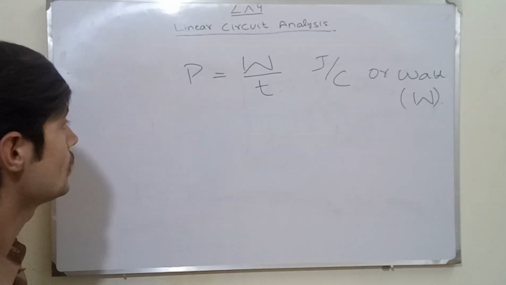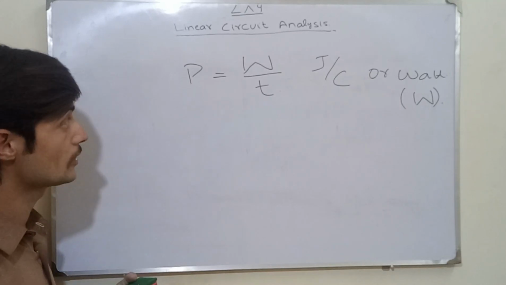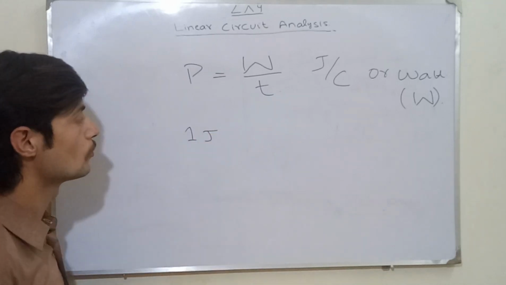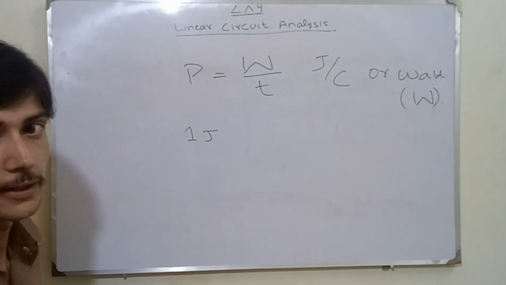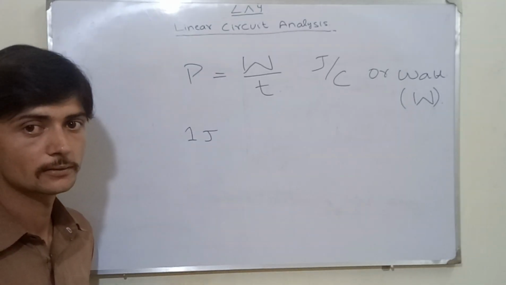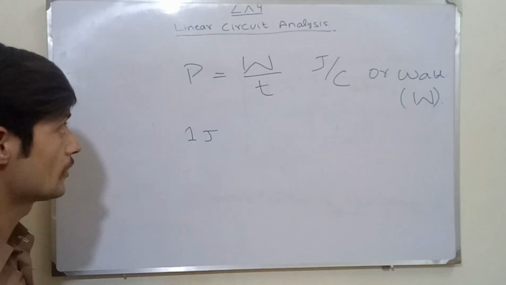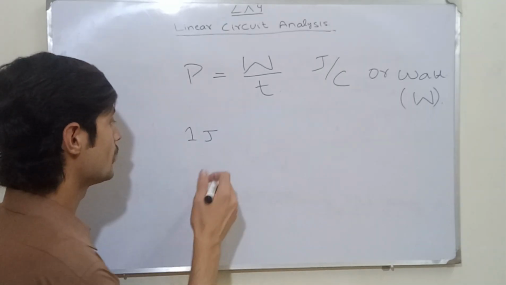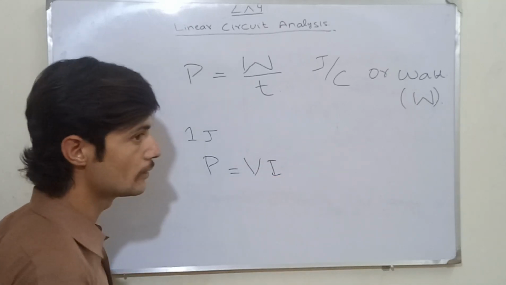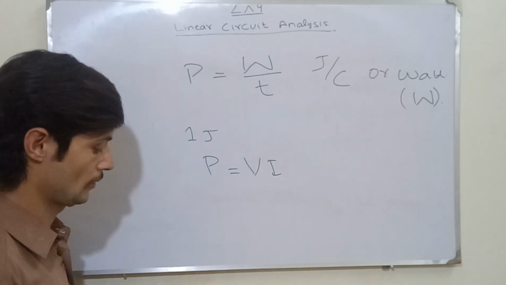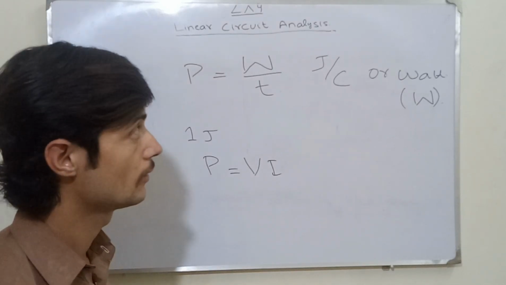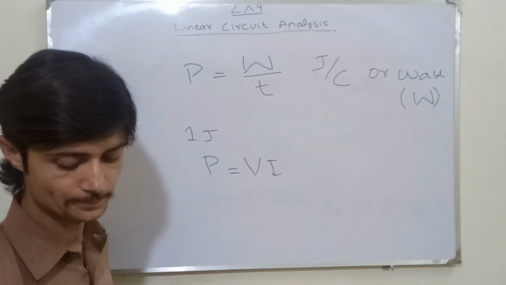Means if the expense of energy is 1 joule in 1 second, then the amount of power will be 1 watt. This will be simply calculated in electrical circuit analysis by this formula, P is equal to VI. So this can also be defined as the product of voltage and current in linear circuit analysis.